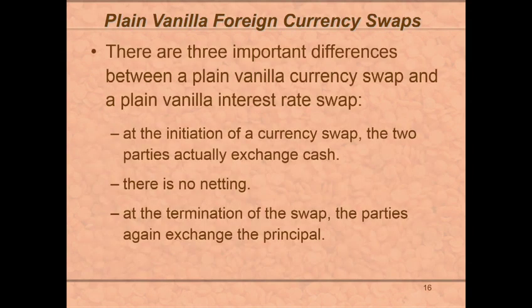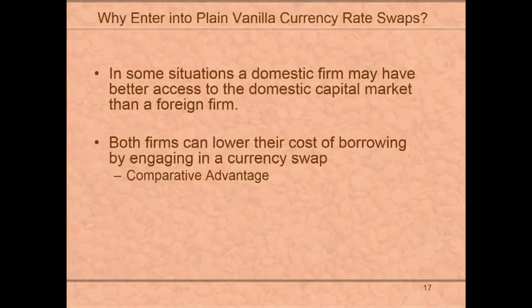Okay, so I've described all of this at the beginning. Why do we enter currency swaps? There are distinct advantages for currency swaps. One of which is that there can be situations in which I have no access to a certain currency.